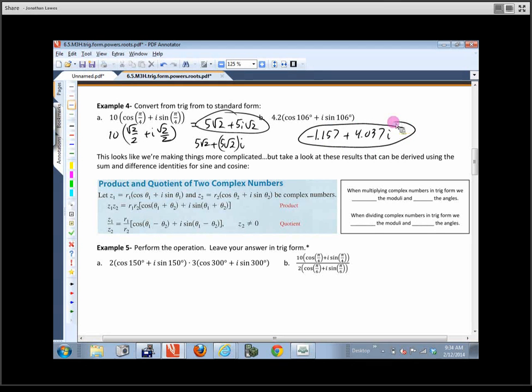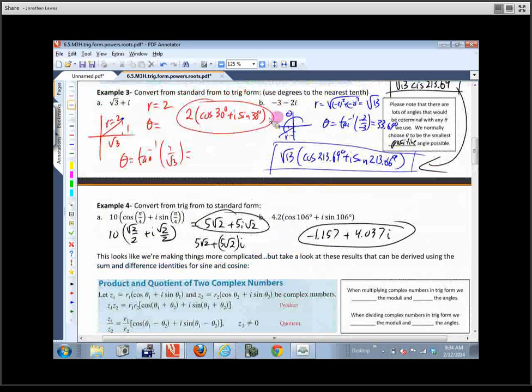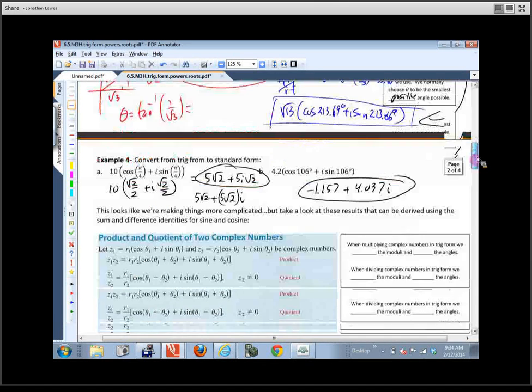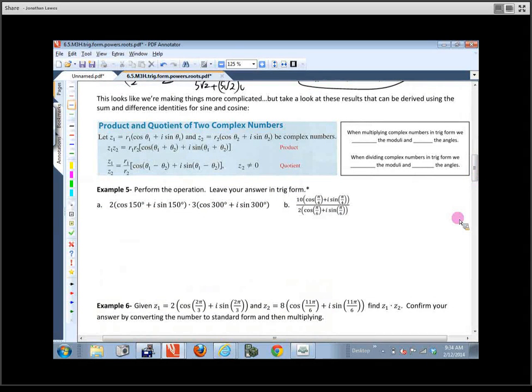So we've gone from trig form to standard form, and up above, standard form to trig form. Which one's easier? Standard to trig or trig to standard? Trig to standard is a lot easier, okay? Now, I will tell you this. We're going to do several operations now, and I'm going to show you how we can multiply complex numbers in trig form, divide complex numbers in trig form, raise them to powers, find roots of numbers in trig form.